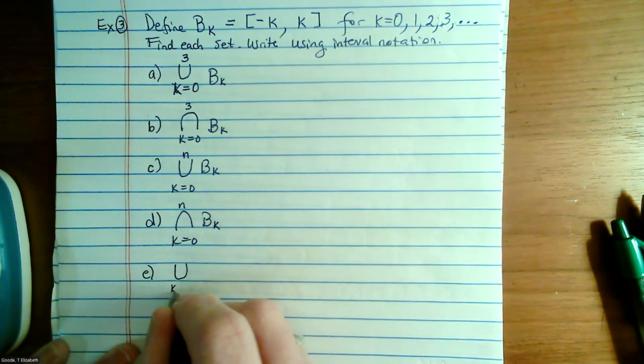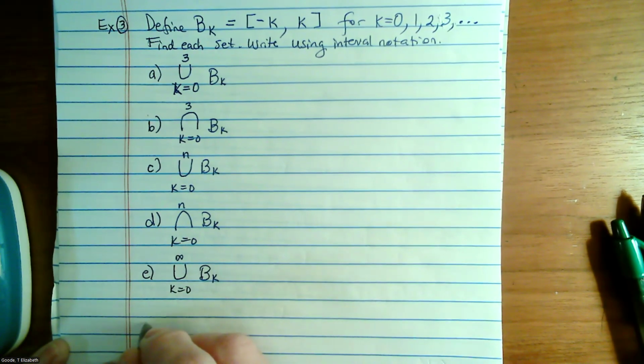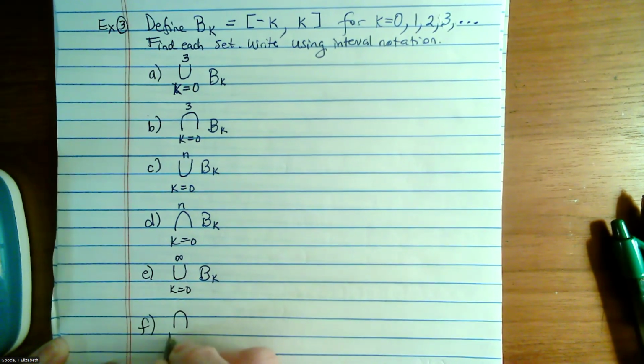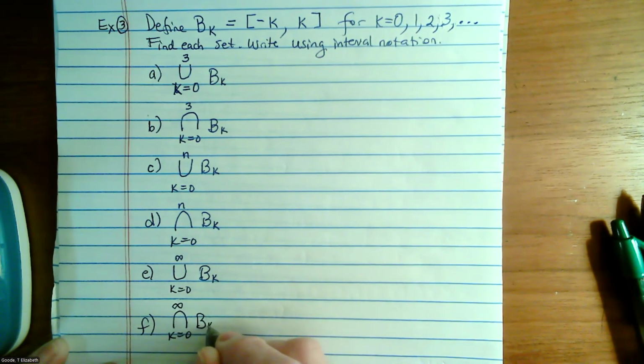The union from K equals 0 to infinity of B sub K, and the intersection from K equals 0 to infinity of the B sub K.